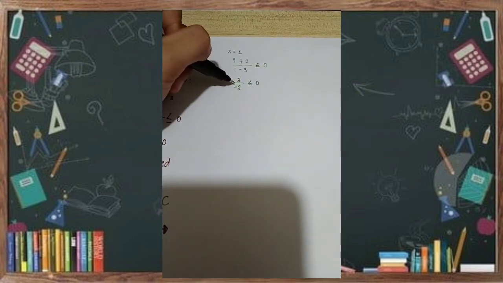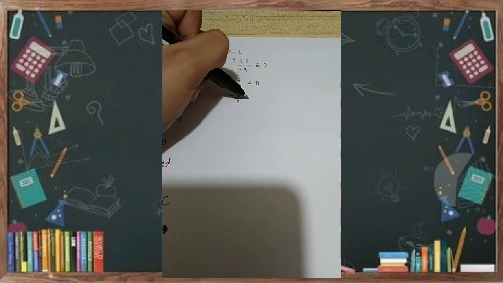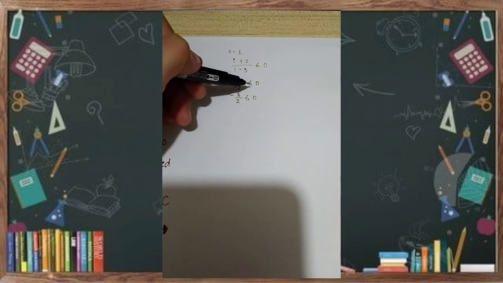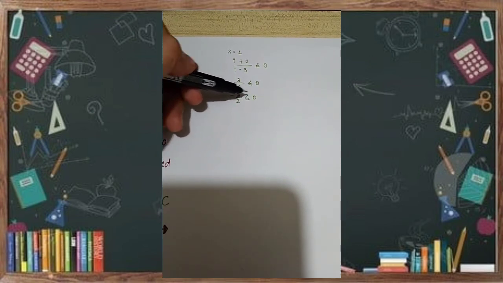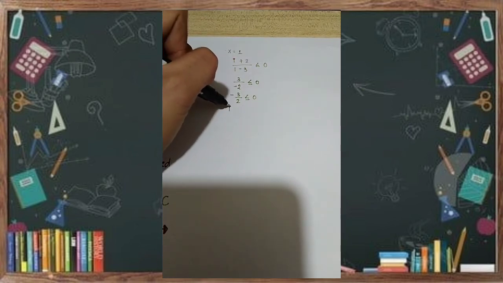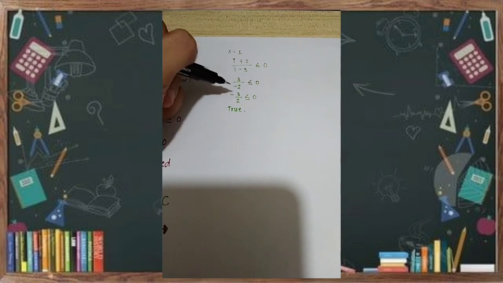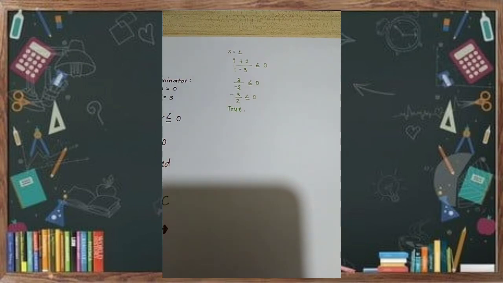So, ngayon, 3 divided by negative 2 ay negative 3 over 2. Yan. So, meaning, nasa-satisfy niya yung condition kasi ito ay negative, which is less than to 0. So, that's why it is true. Okay? So, therefore, negative 3 over 2 can be a solution to our inequality.